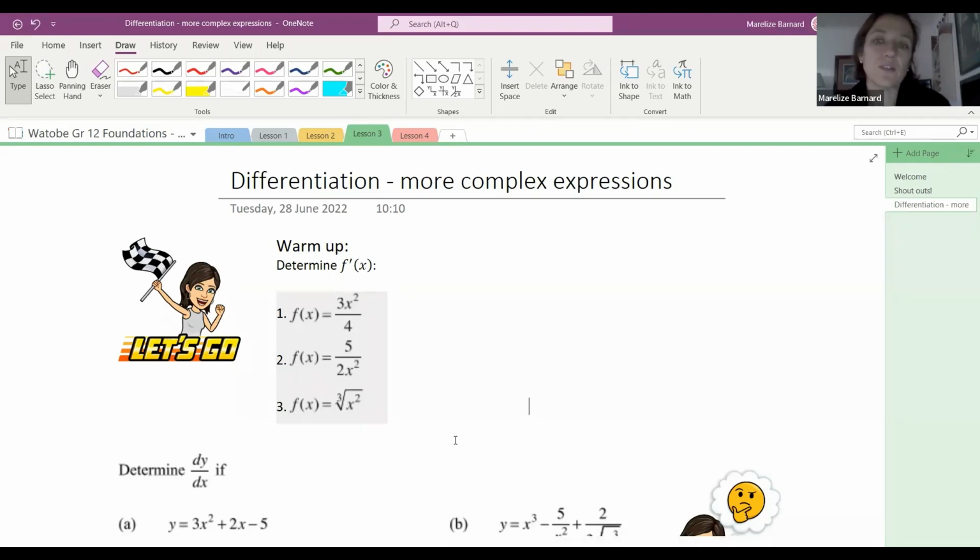So before we differentiate, we always first need to manipulate our expression and then differentiate. Manipulate it so that there are no algebraic fractions, so no x's or variables in the denominator, and also no root signs. Okay, so I want to see how much you remember from Tuesday's lesson.